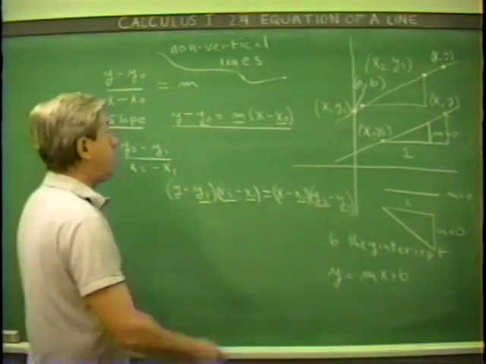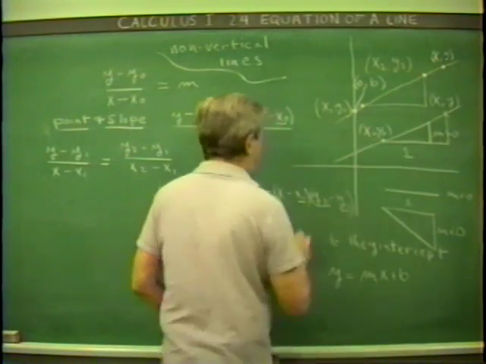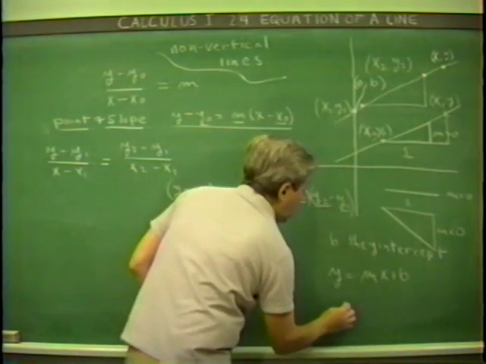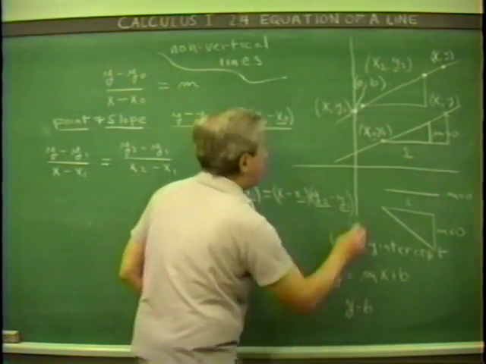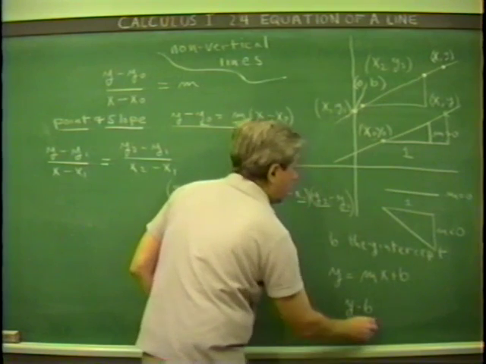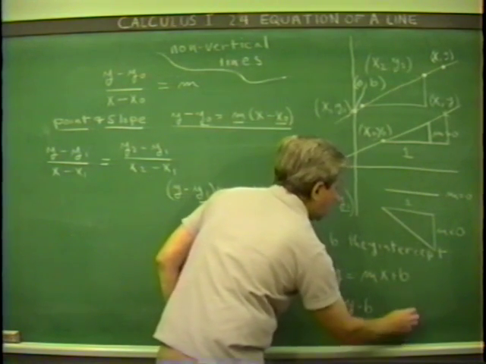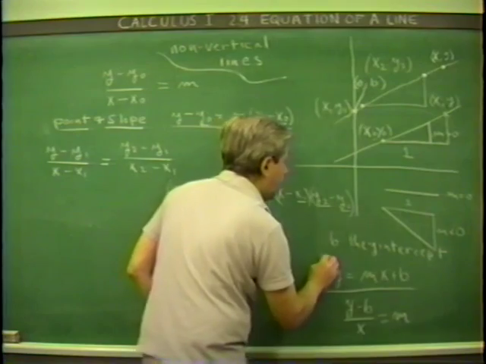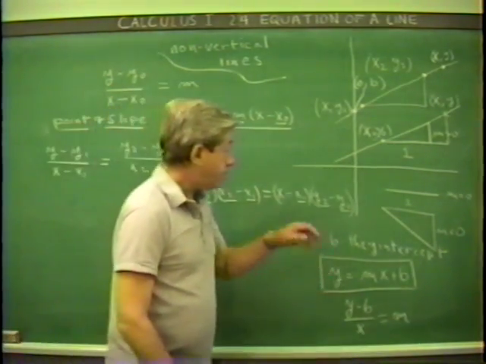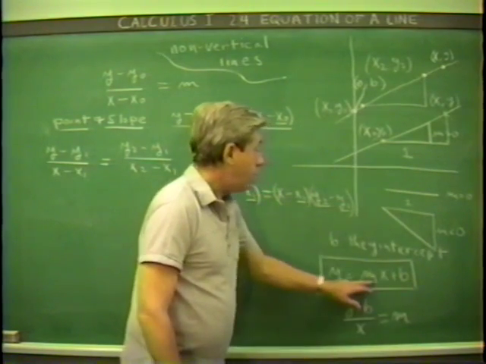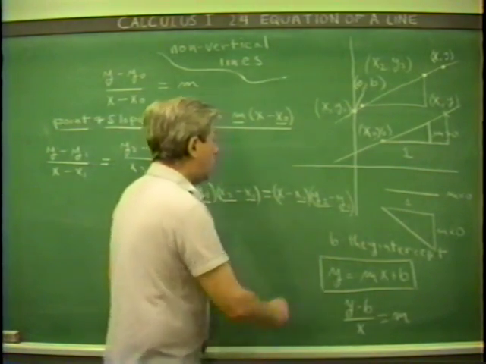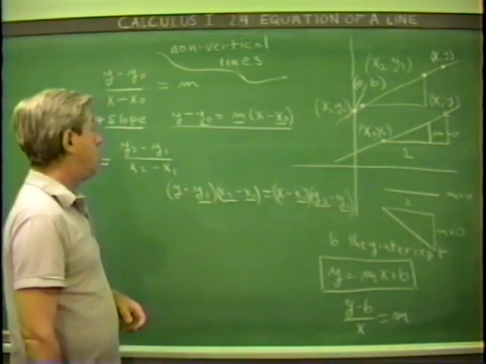This can be easily gotten by writing here that y minus b divided by x minus 0, or just x, must be the slope. This is the equation of the line in the event that it crosses the y-axis at the point 0, b and has slope m. This is a frequently memorized equation for a line. It's kind of neat. Right?